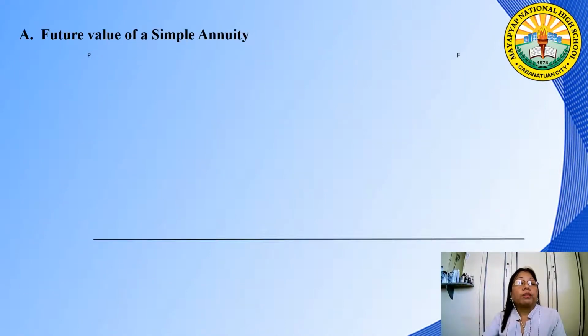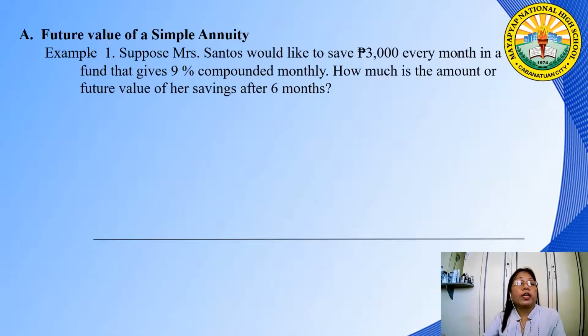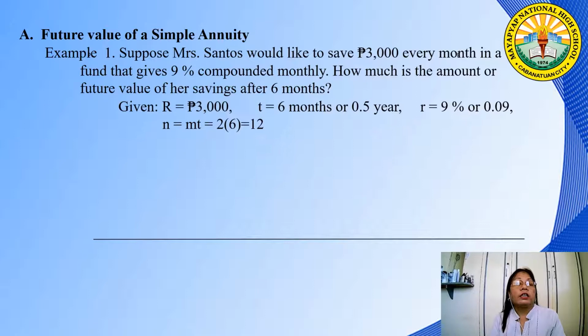To find the future value of a simple annuity, let us have an example. Suppose Mrs. Santos would like to save 3,000 pesos every month in a fund that gives 9% compounded monthly. How much is the amount or future value of her savings after 6 months? Identify the given. R refers to regular payments amounting to 3,000 pesos.